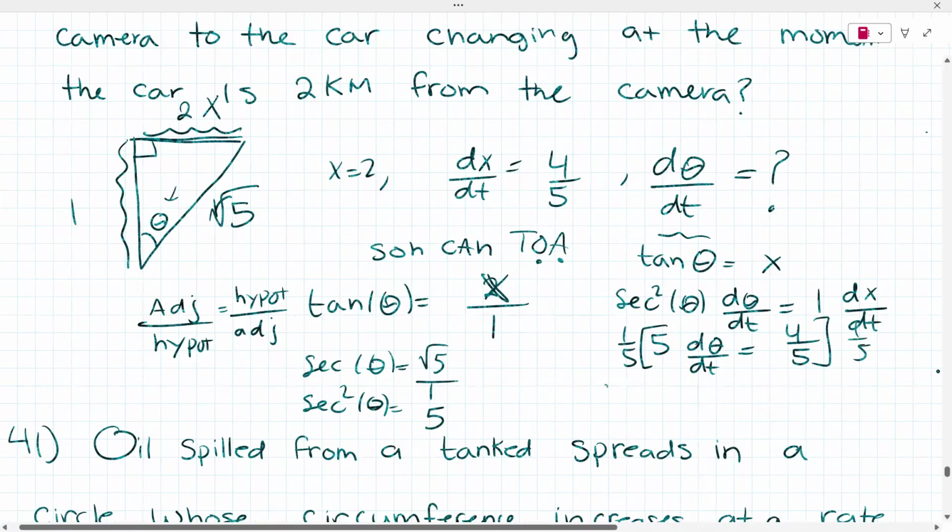So d theta/dt is 4/5 times 1/5, which is 4/25. And then it's radians per hour. Okay, so that is the answer for the second part.